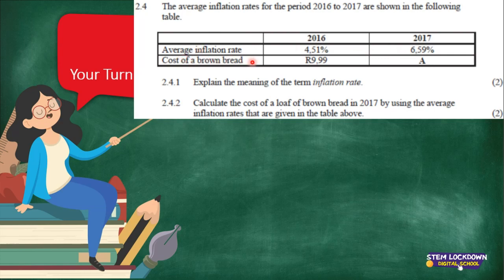Brown bread in 2016 cost 9 rand 99. And here, I don't know the cost of bread for 2017, but I'm giving average inflation rate figures.